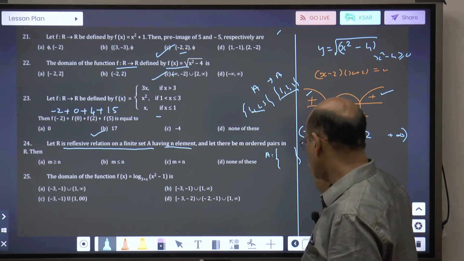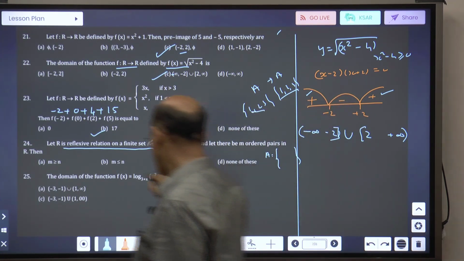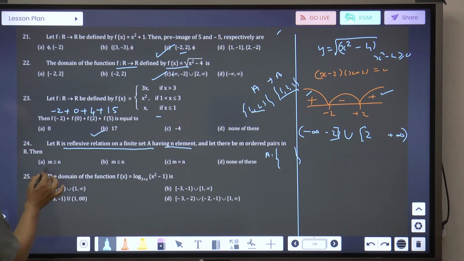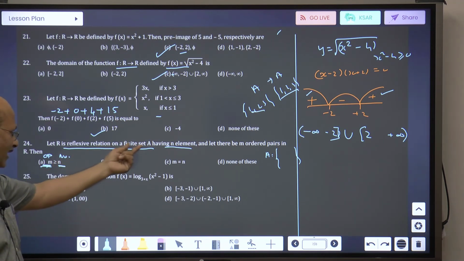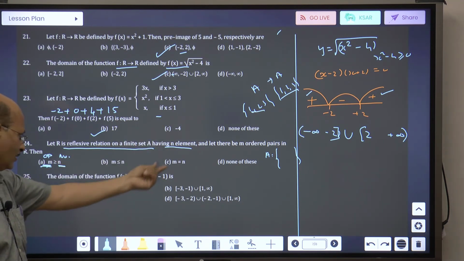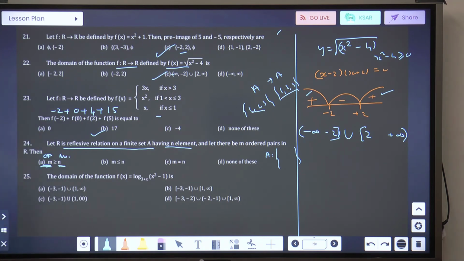So m ordered pairs. So look at this. This is m ordered pairs and this is number of elements. I don't know why they are comparing the number of ordered pairs and the number of elements in set A. When is it possible? When m is equal to n, I believe m is equal to n should be the output. I am confirming that.